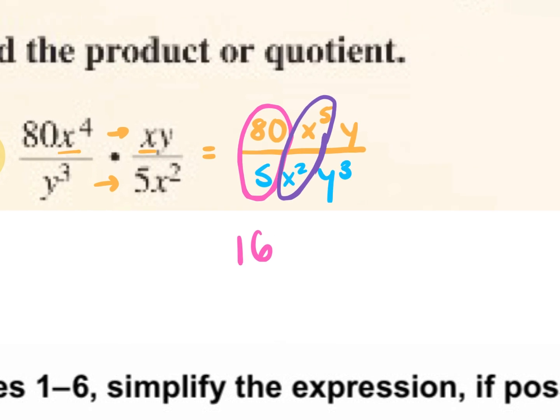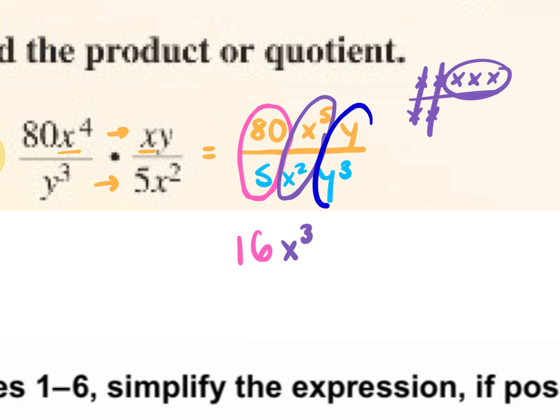So I have x to the 5th power divided by x squared. So how do you know that it's x to the 3rd? You just take out 2 x's from the top. So if you want to, you can write out however many x's you have. We have 5 on the top and 2 on the bottom. So we just cancel out 2, and we're left with 3 of them where? On the top. So x to the 3rd power.